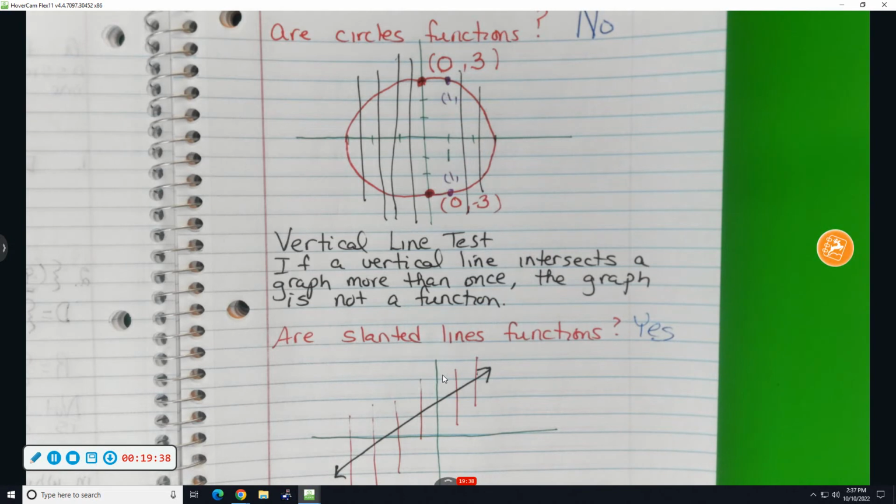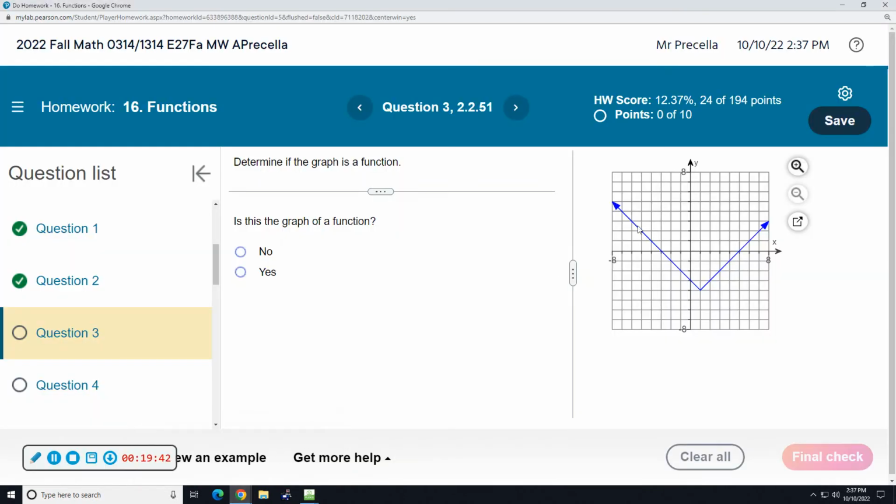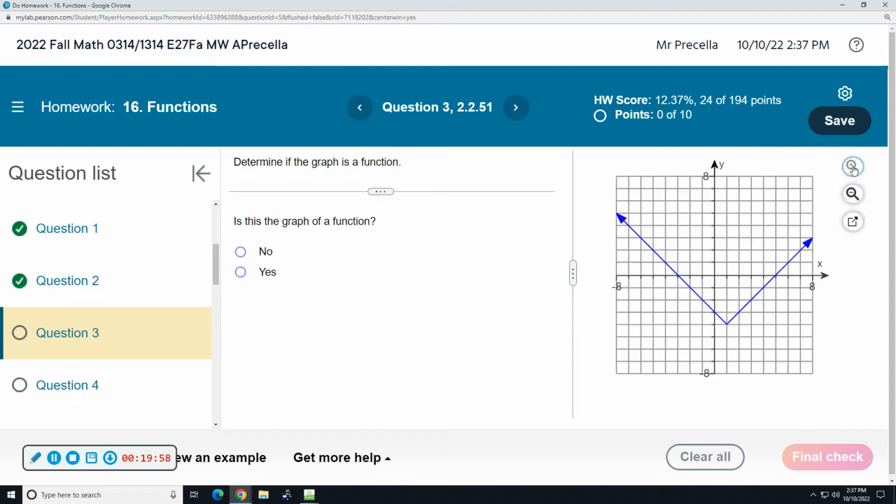Starting with problem 3. Okay, is this the graph of a function? This is one of those problems where there's not really anything you need to write down. It's a V-shaped figure.